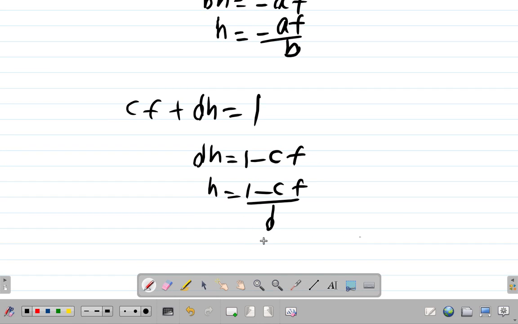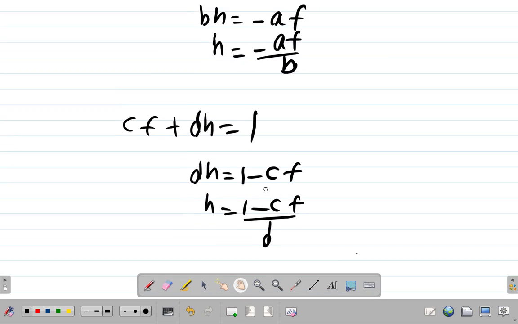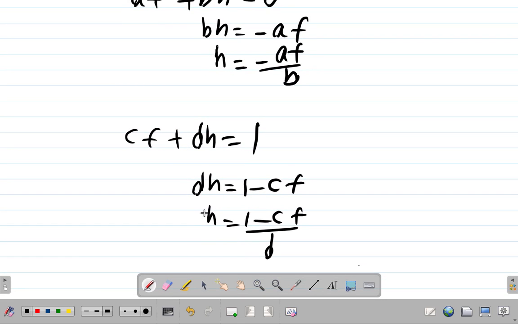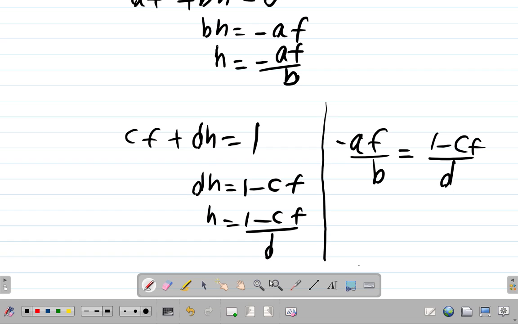Now, since we have H being equal to H itself, but H is this and H is this, these must also be equal to each other. So negative AF divided by B must be equal to 1 minus CF divided by D. Alright, see that.